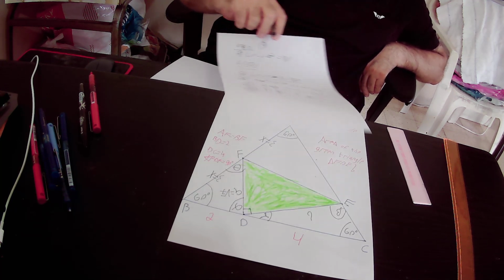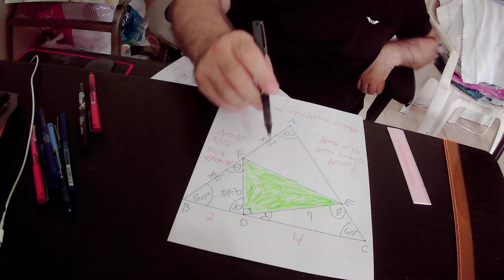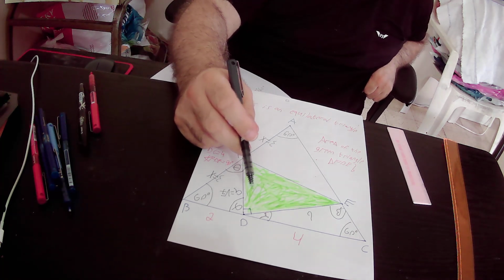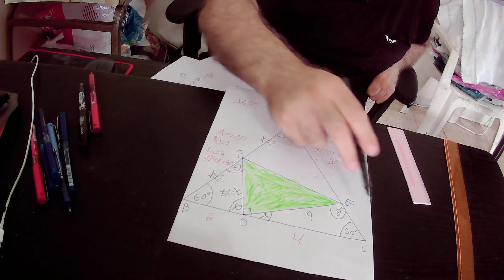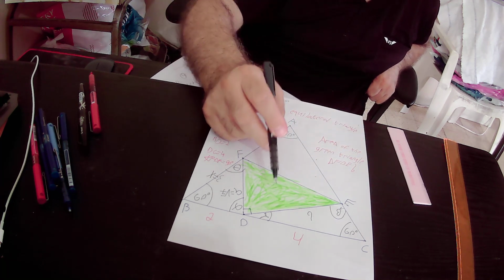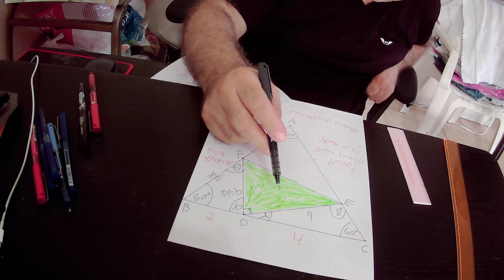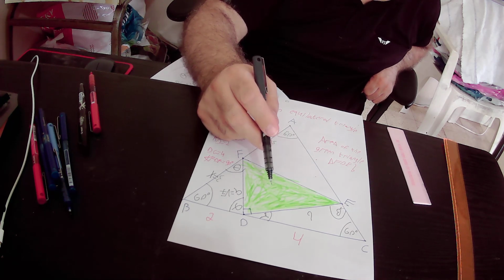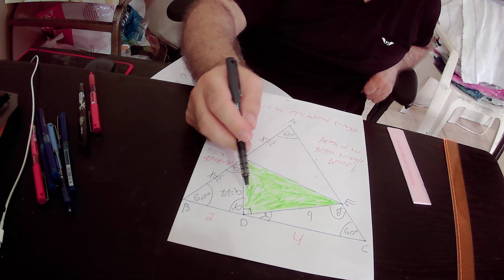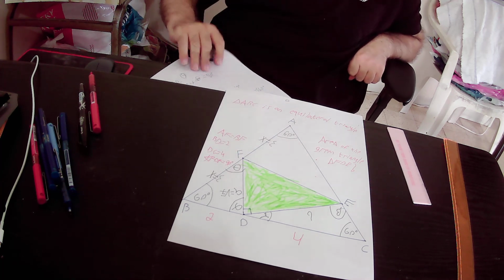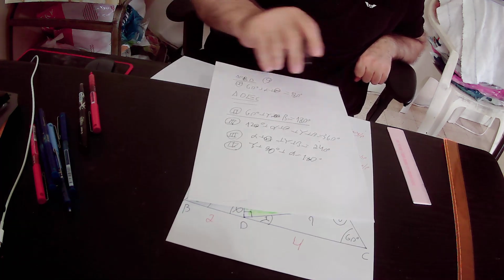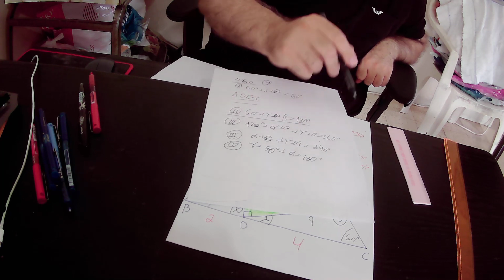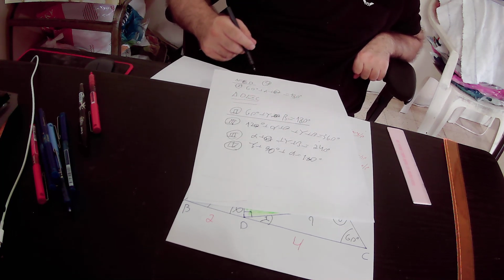If we focus on point D on the upper side of line segment BC, we can say that the sum of the angles is equal to 180 degrees. That is to say, gamma plus 90 degrees plus alpha equals 180 degrees.